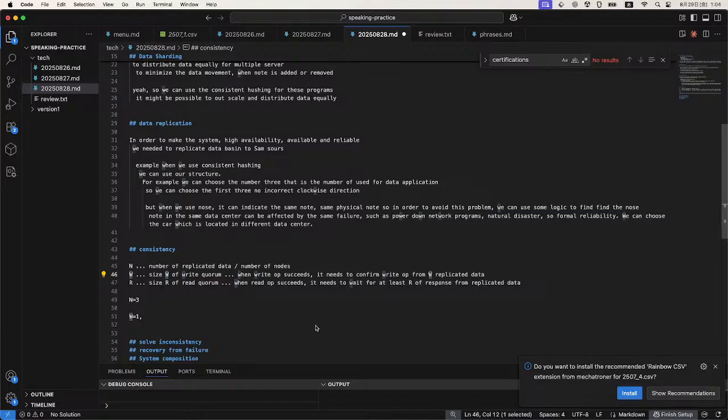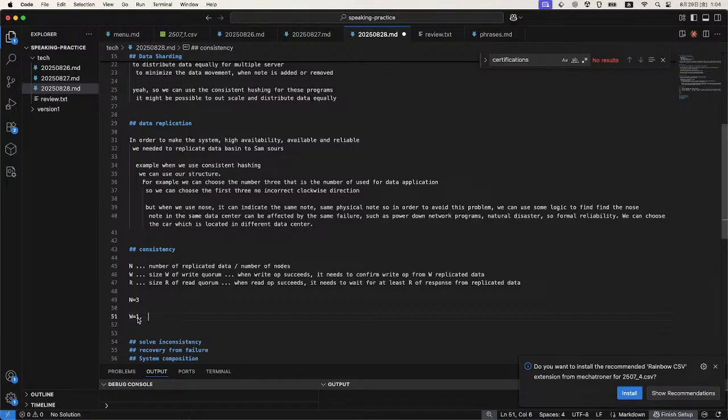So it means the write operation happens for each node. When N is 3, the write operation is requested 3 times, once for each node.